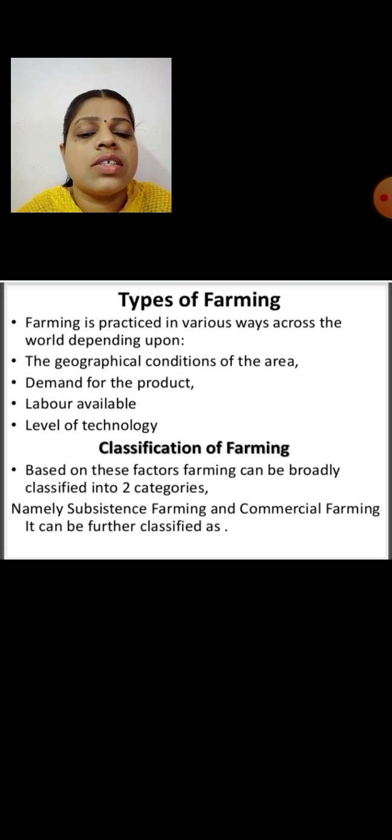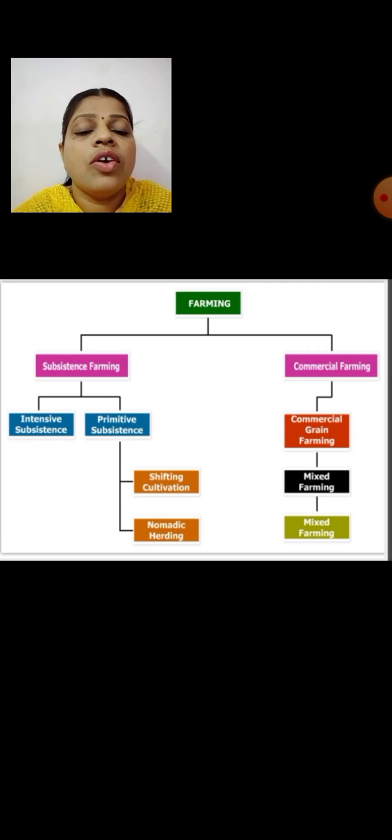The next is, based on the availability of these factors, farming can be broadly classified into two categories. Which are they? Namely, subsistence farming and commercial farming. These are the main classifications. Again, subsistence farming can be classified into intensive subsistence and primitive subsistence.